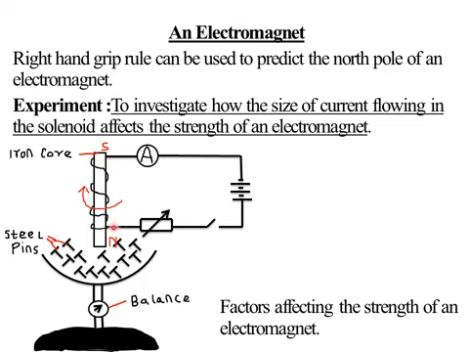So you align the fingers of your right hand in the direction of curling of this particular coil, or what we are calling a solenoid. Your fingers should be pointing from upwards downwards, in the direction of the curling of the coil.